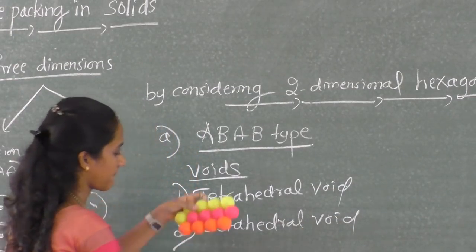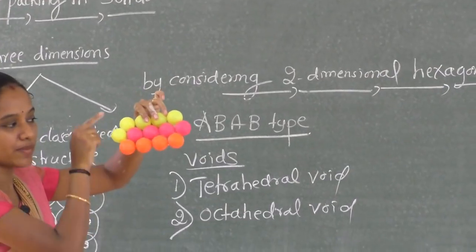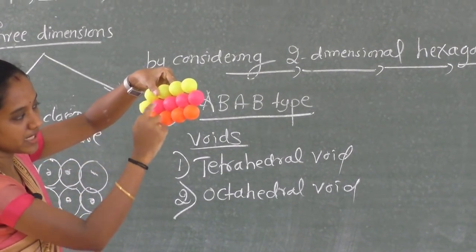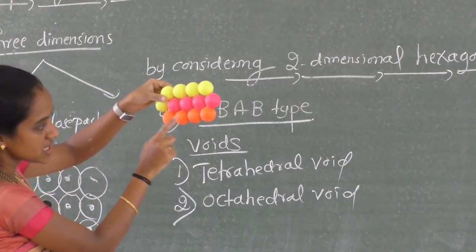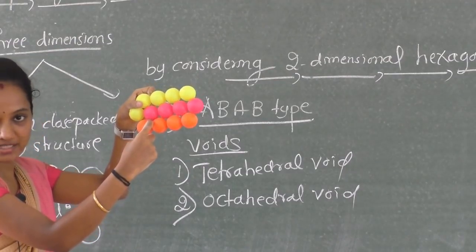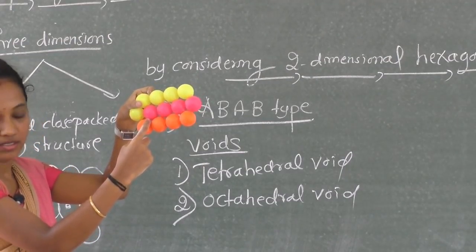See, this is a two-dimensional hexagonal close packing. Between three spheres, here is a space, vacancy or void.